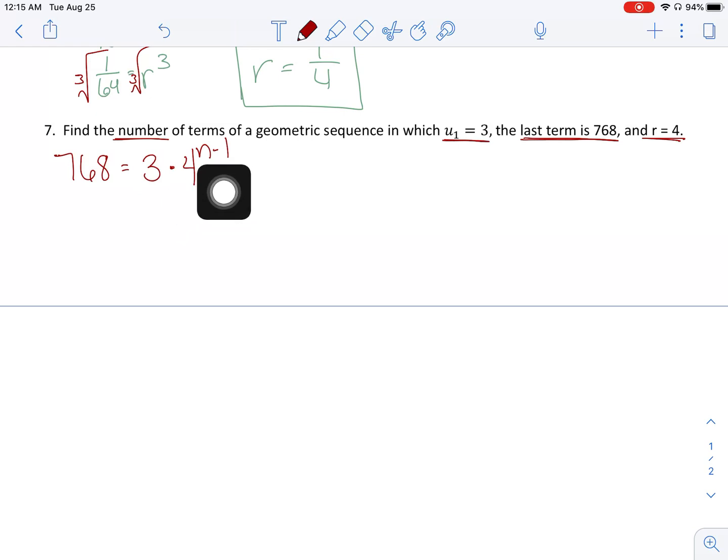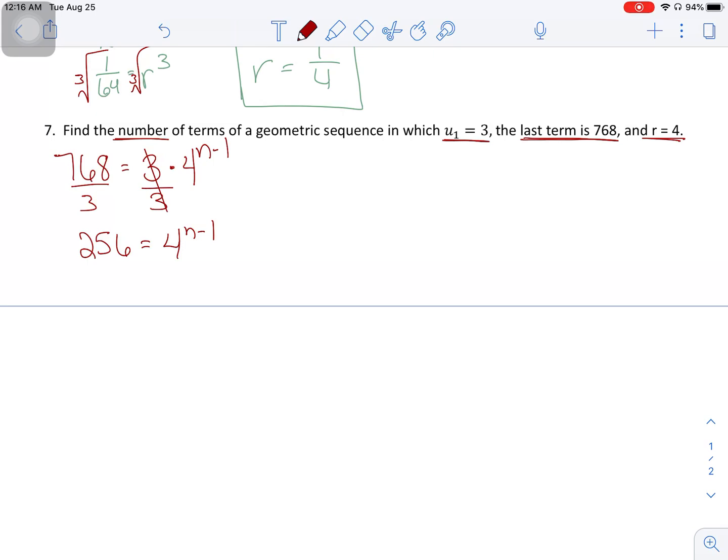So this 4 is attached to that n minus 1, and it's going to stay attached. But what I can do is divide both sides by 3. So 768 divided by 3 is 256, and this is equal to 4 to the n minus 1.